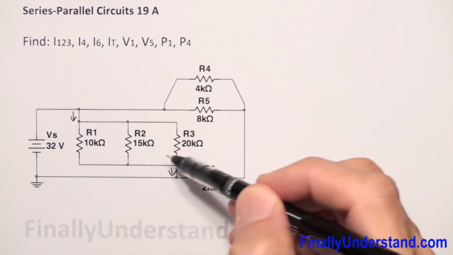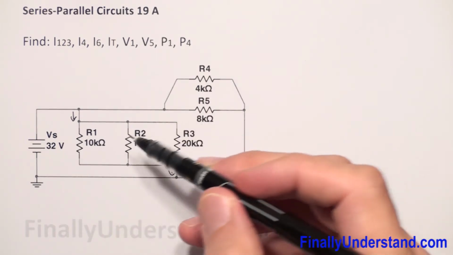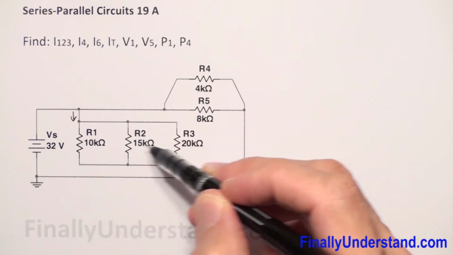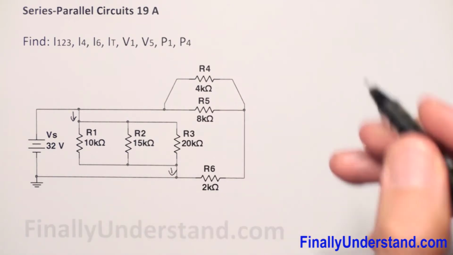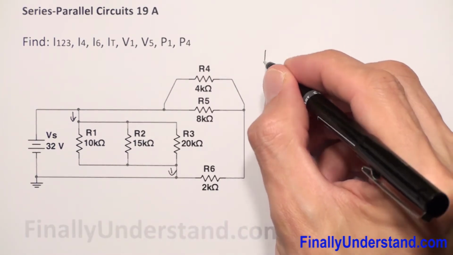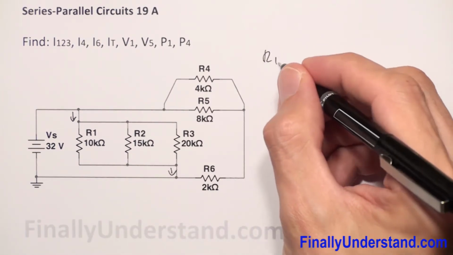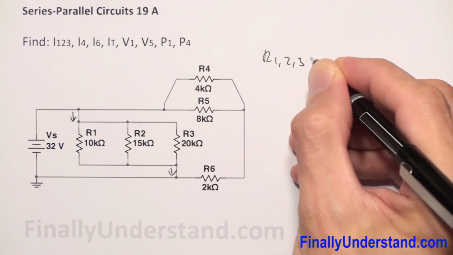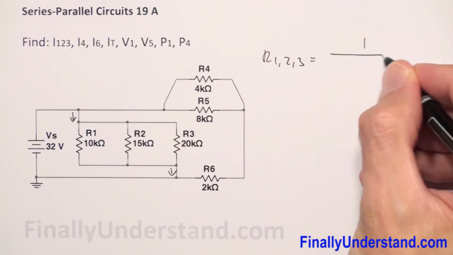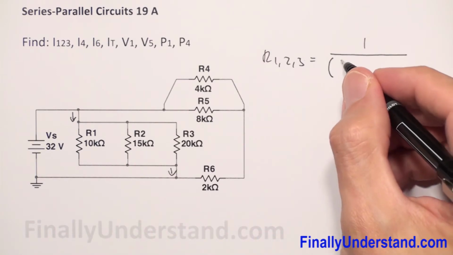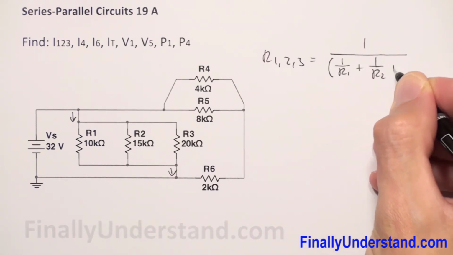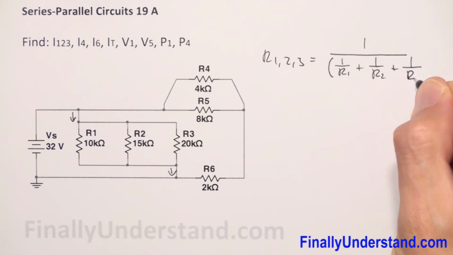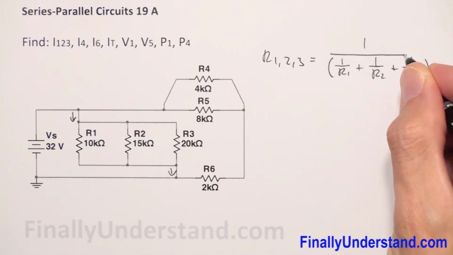So in order to find this current, I'm going to first find the total resistance for these three resistors. I'm supposed to say equivalent resistance for these three resistors. So I have R1,2,3 is equal to 1 over 1 over R1 plus 1 over R2 plus 1 over R3.